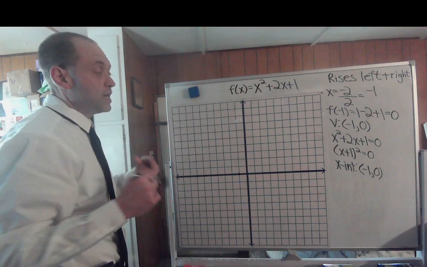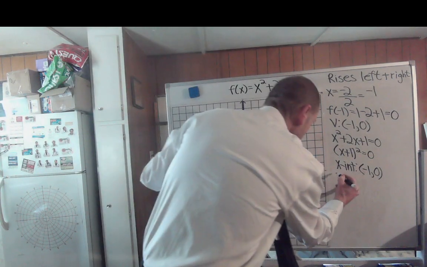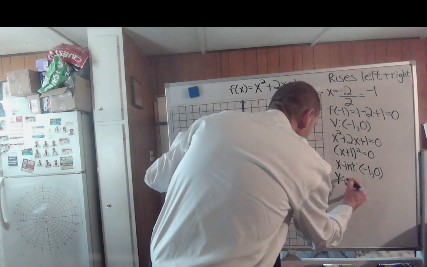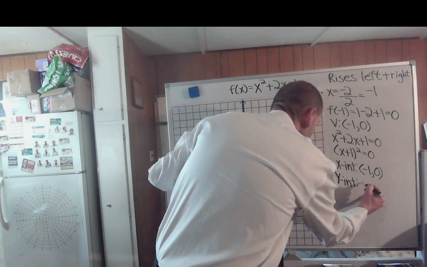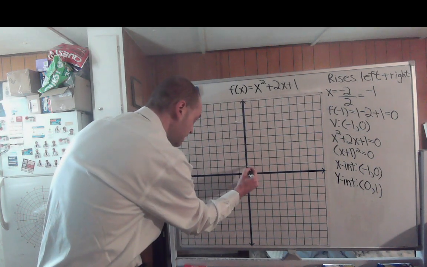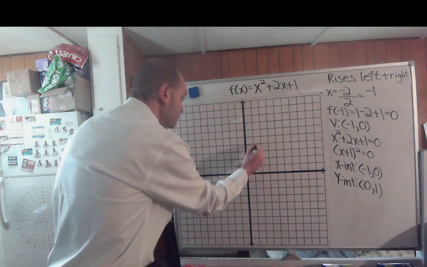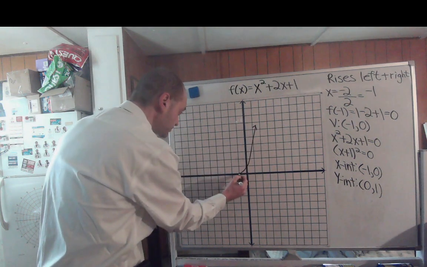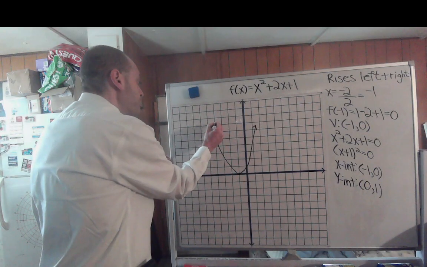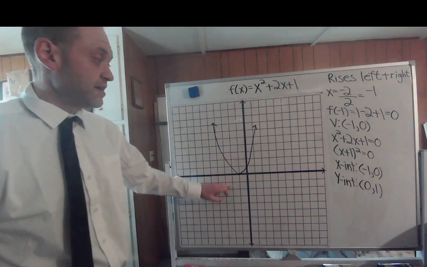Now what about your y-intercept? Put in 0 for x, you'll get a y-intercept at 0, 1. So the y-intercept can be found at 0, 1. So let's go ahead and plot that point and draw your parabola. And there is your parabola with your vertex at negative 1, 0.